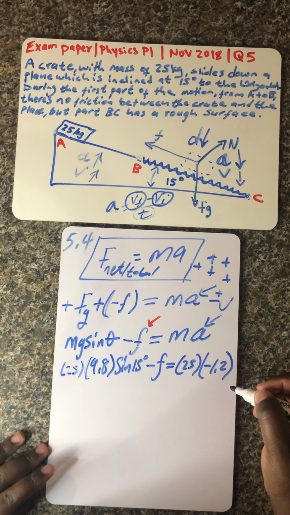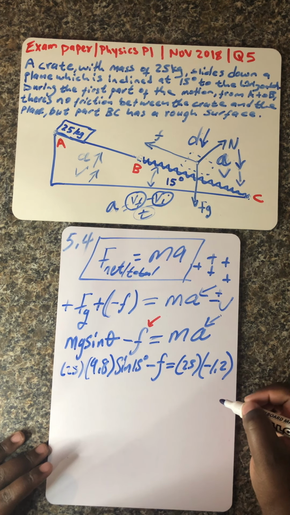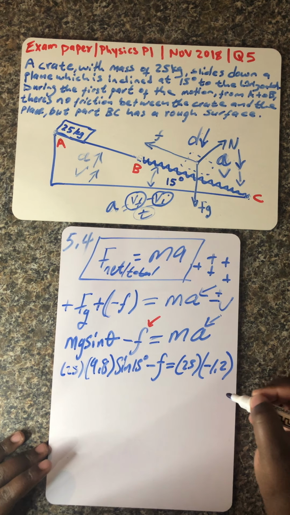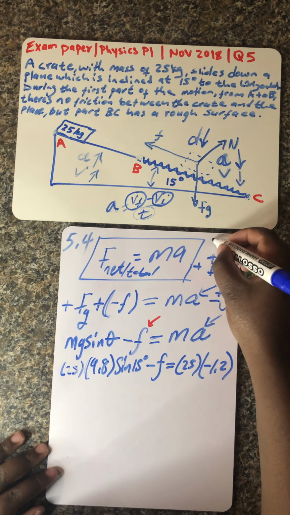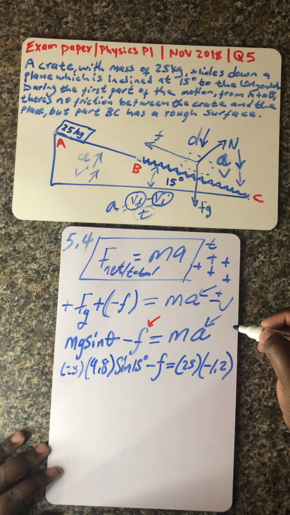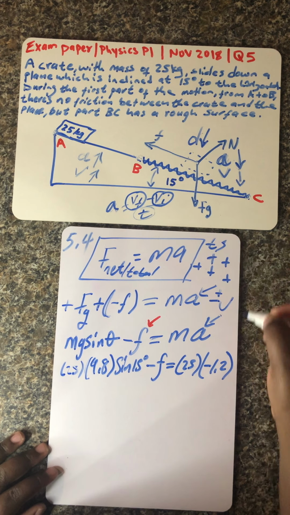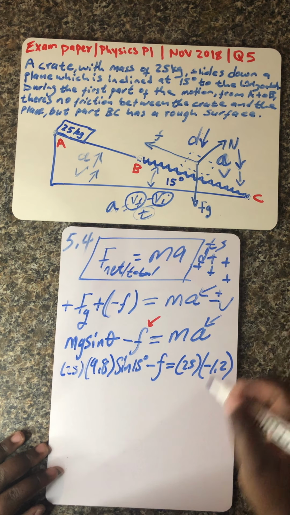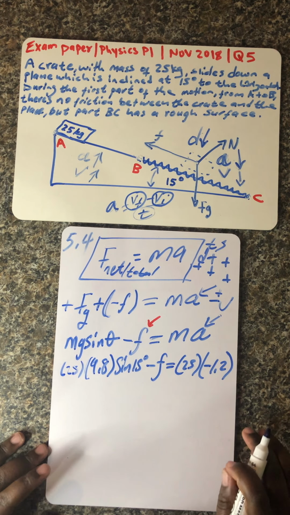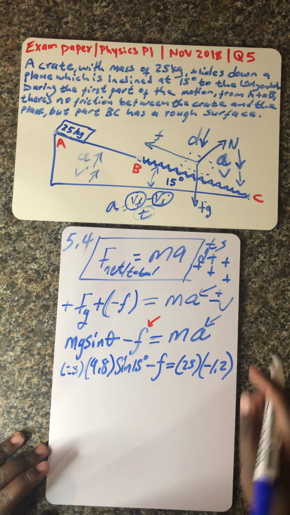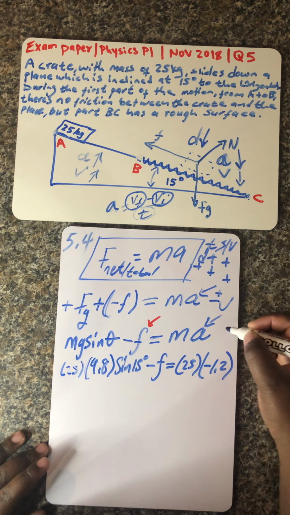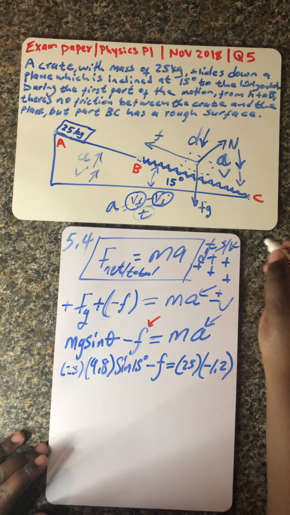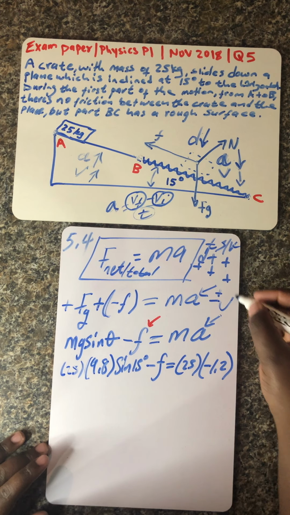So it has the value and the direction, whereas a scalar quantity has only the magnitude. For example, time is an example of a scalar quantity. Speed and distance are also scalar quantities. Instead of speed, we can say velocity, which is a vector quantity.